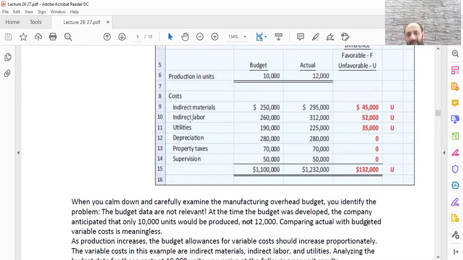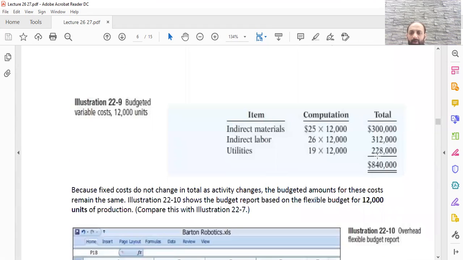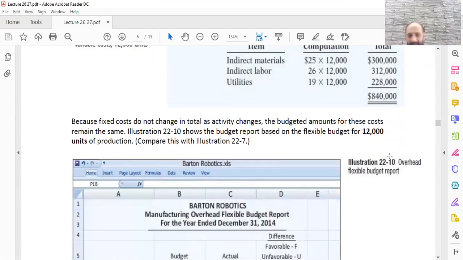Only your indirect material, indirect labor and utilities change with the level of output. So you calculate your per unit variable cost, and then you can find what indirect materials, indirect labor and utilities you should have incurred at 12,000 units.